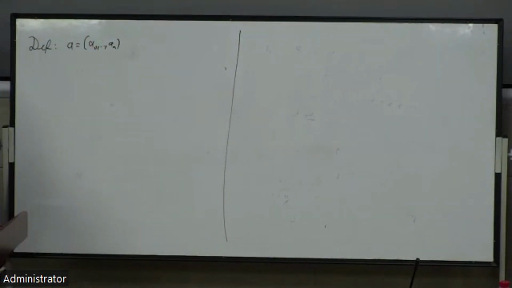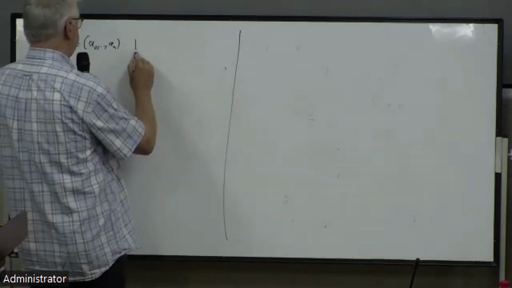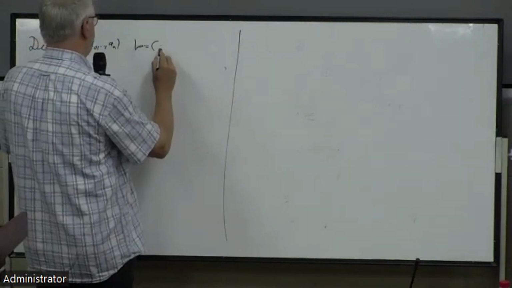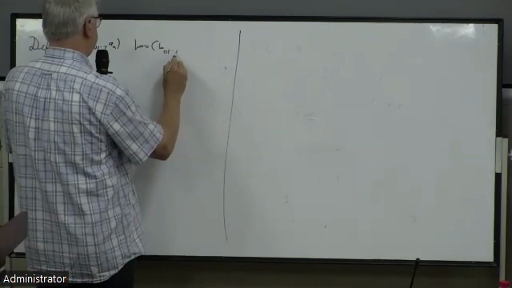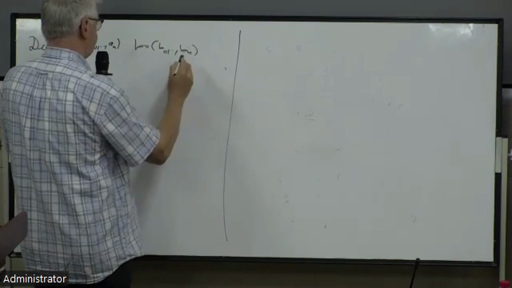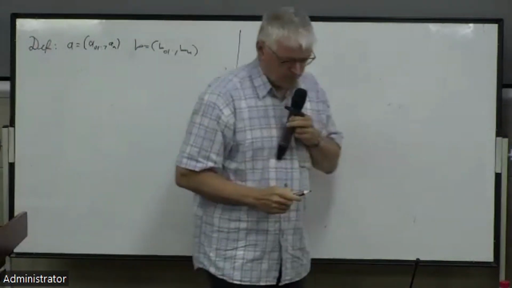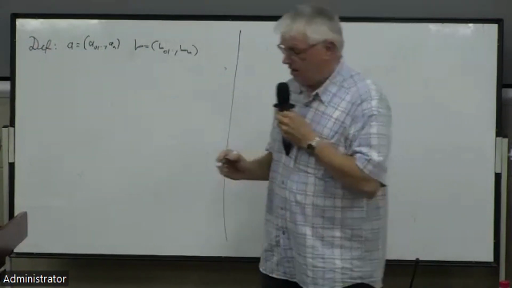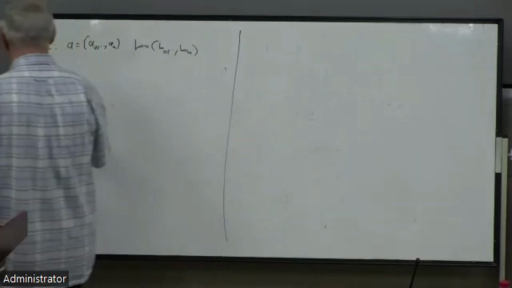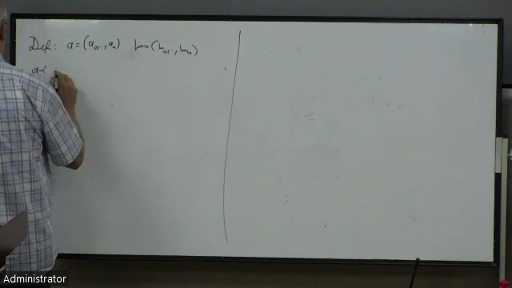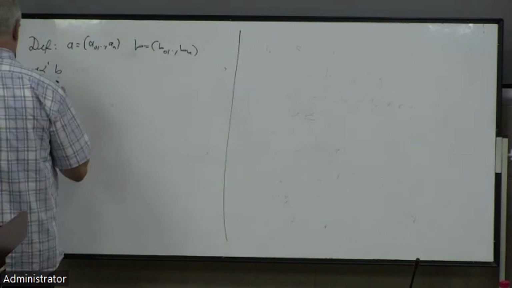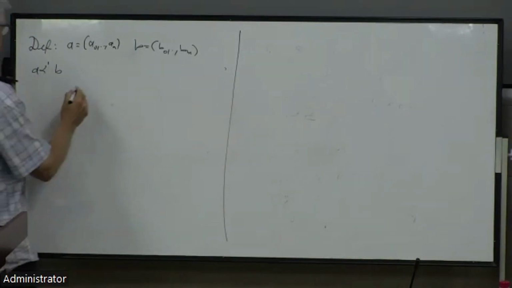A is a Gödel number of a finite sequence with entries A0 to An. B is a Gödel number of a finite sequence B0 to Bm. Now I say A is smaller than prime B, if and only if.